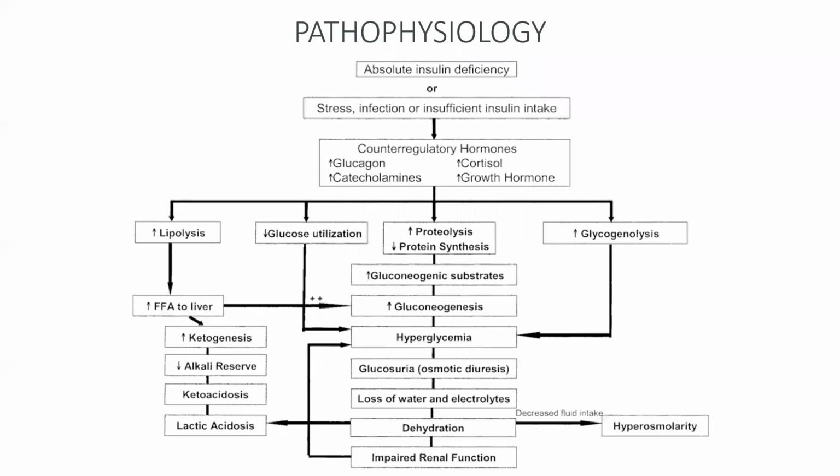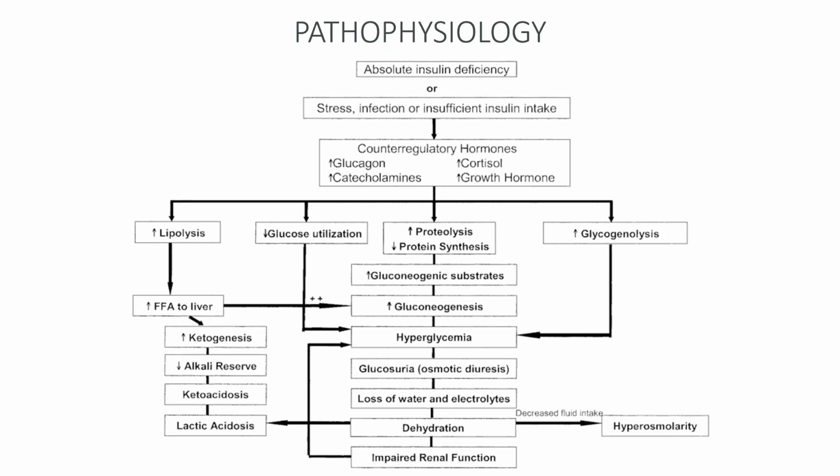Insulin is to convert glucose to glycogen, to stimulate lipogenesis and also protein synthesis. But now with the stress, infection, and also the increase in counter-regulatory hormones, these pathways will be reversed, whereby instead of lipogenesis, it will increase lipolysis.